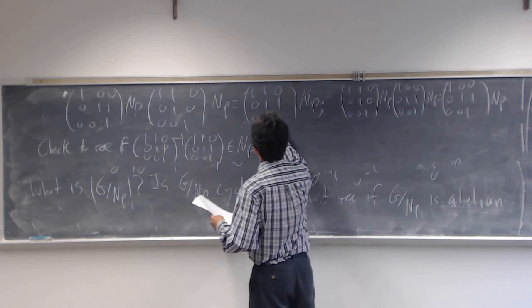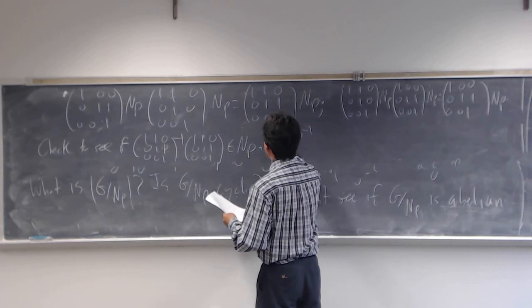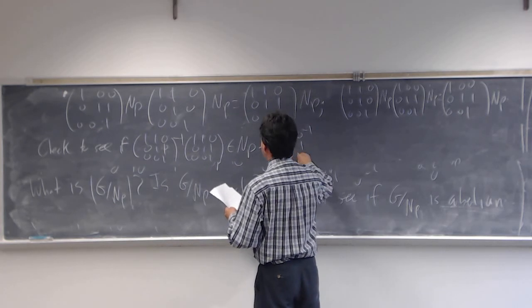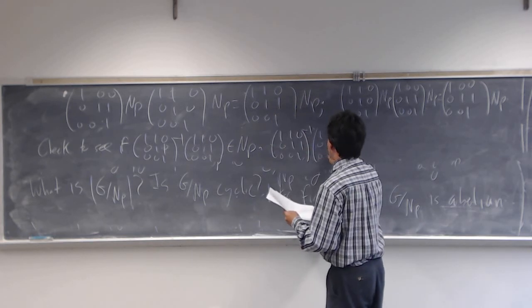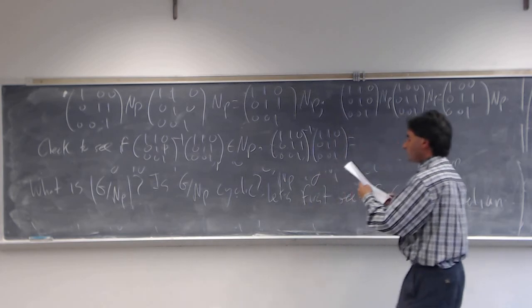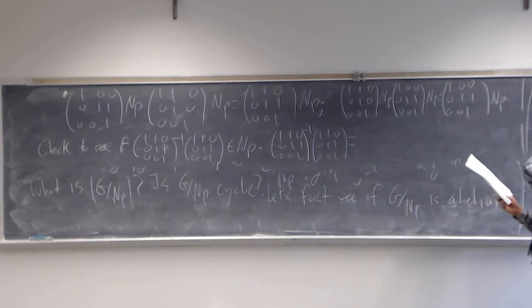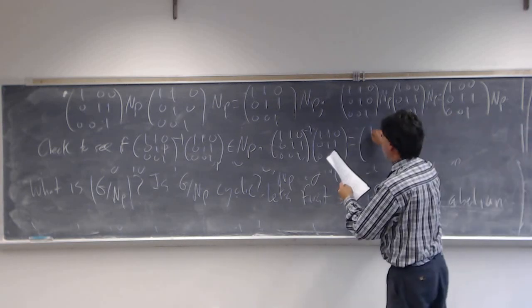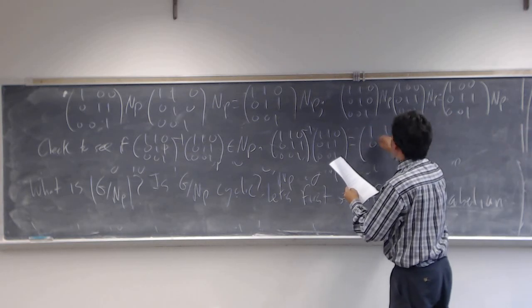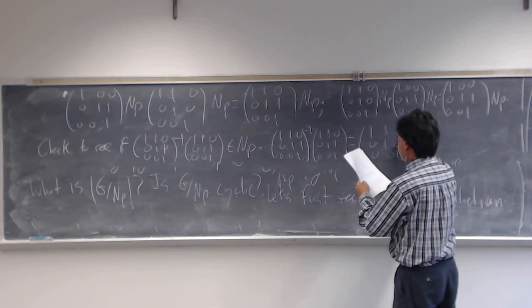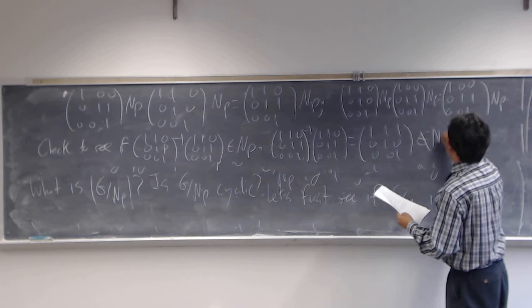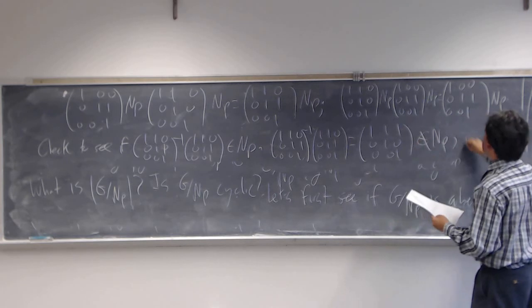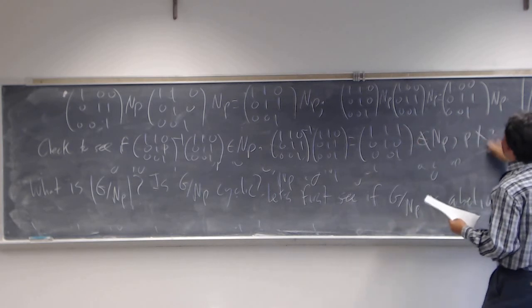So if we make this calculation, you end up, again shortening some of the step-by-step that I've provided in the notes, you actually take the inverse and multiply them out. You would get this, which is certainly not in N of P because, for instance, if p is a prime number, p can't divide 1.